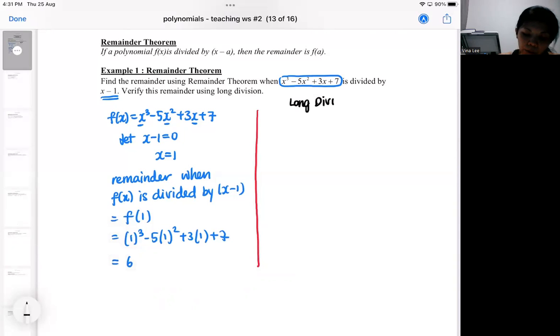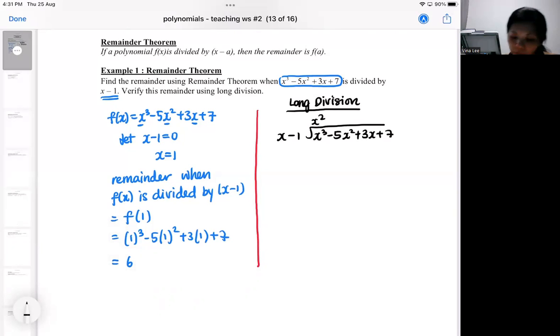By now you should already know your long division. There are two methods to get a remainder: one is long division, one is the remainder theorem. Which one do I suggest? Of course I will suggest the remainder theorem. That will be so much faster.